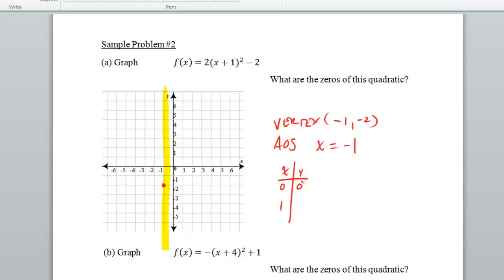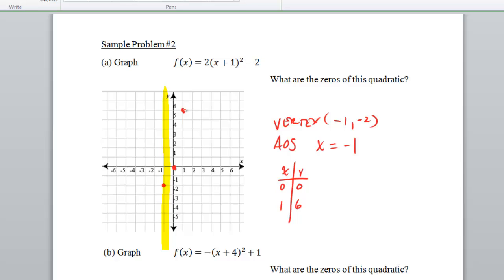So if we go farther and we take 1 as an x value, we plug 1 in as an x value, we're going to get a value of 6. And so then we can plot those 2 points, 0, 0, and 1, 6. And we have 2 points on 1/2 of the quadratic.